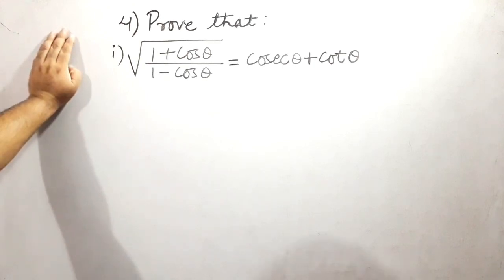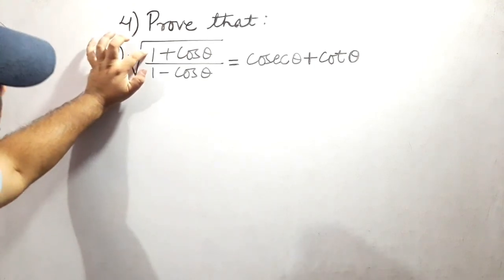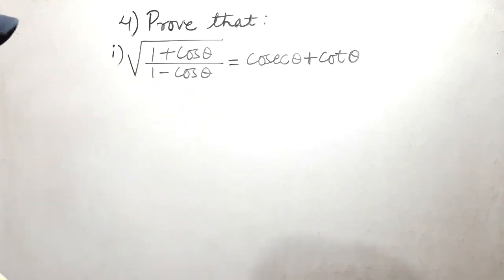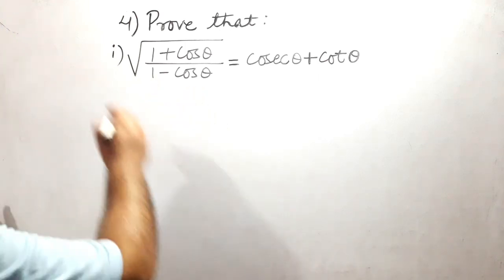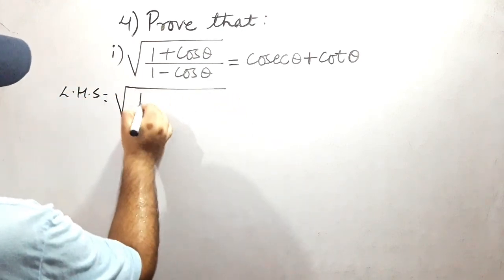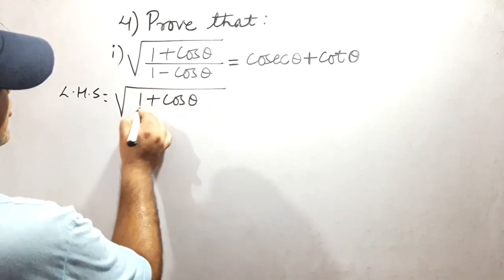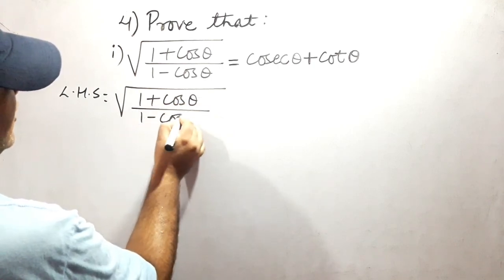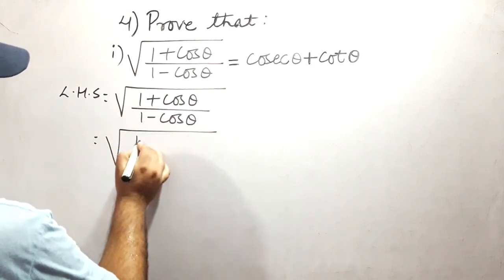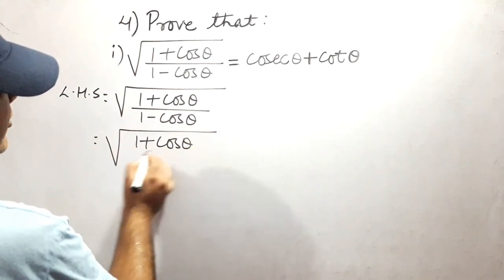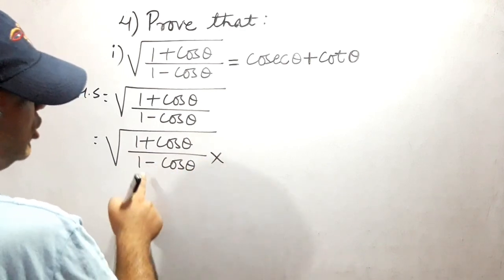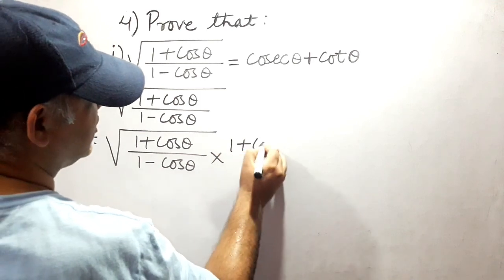This question is also similar as before, multiplying the numerator and denominator with the conjugate of 1 minus cos theta, that is with 1 plus cos theta. Let's see. On the left hand side we have root under (1 plus cos theta) by (1 minus cos theta), equal to root under (1 plus cos theta) by (1 minus cos theta) into the conjugate of 1 minus cos theta, 1 plus cos theta.